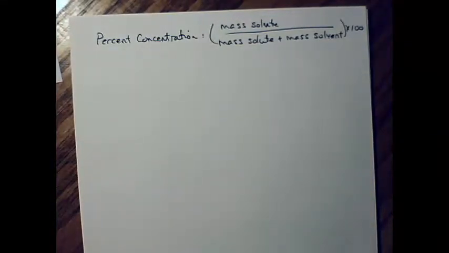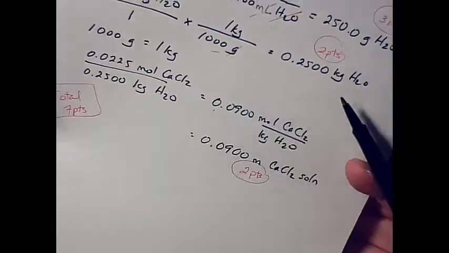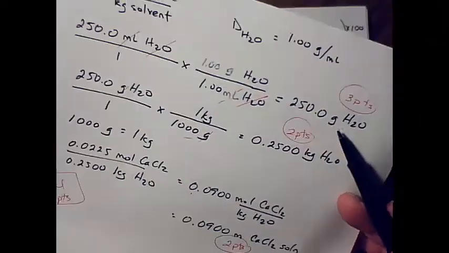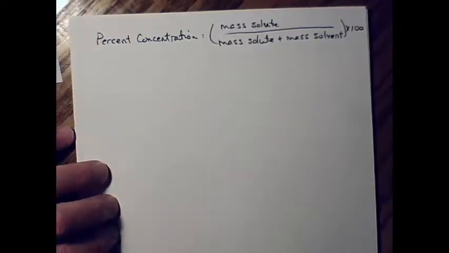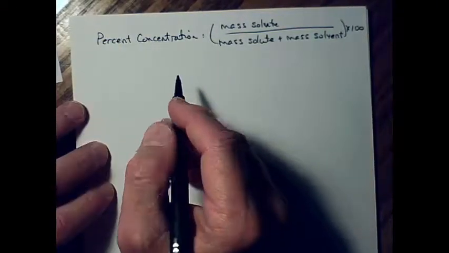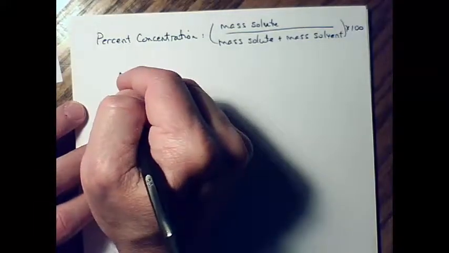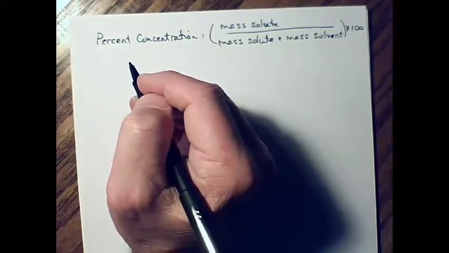But in the previous problem, I think we figured it out, didn't we? We figured out the mass of the water is 250 grams because we used density to get there. So we basically have everything we need to start this problem.